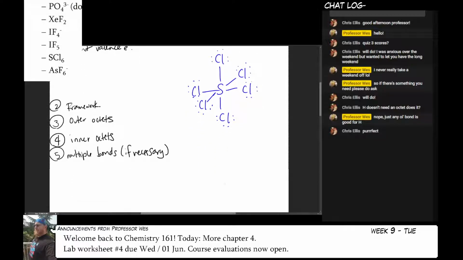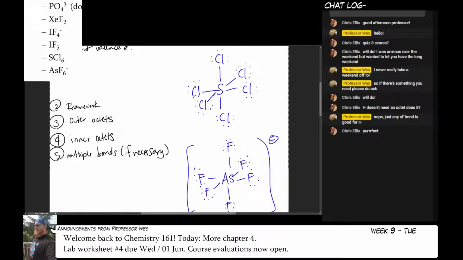And we'll do AsF6 minus, which is exactly the same. Just this one has an ion.